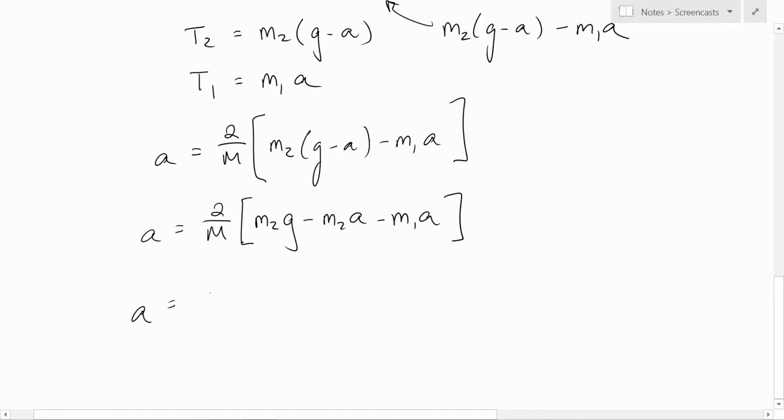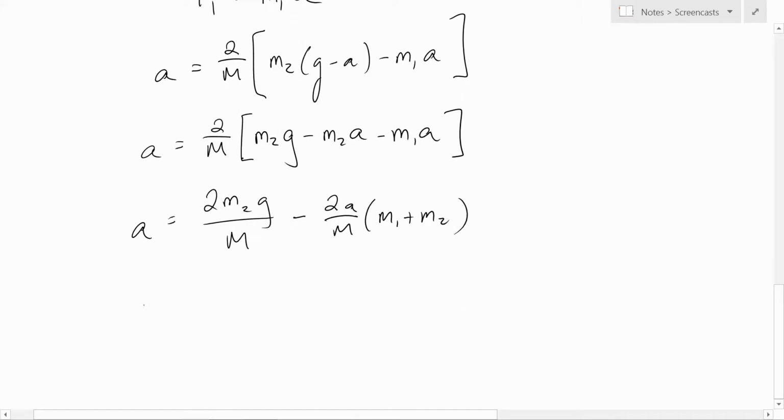I guess I need to distribute that, so I get 2 m2 g over m, minus 2a over m1 plus m2. I think I'm okay with that. So then add that to both sides, so a plus 2 over m, a, m1 plus m2.